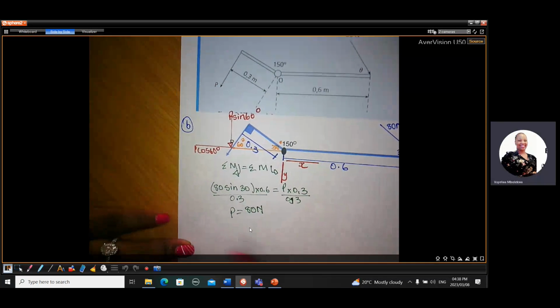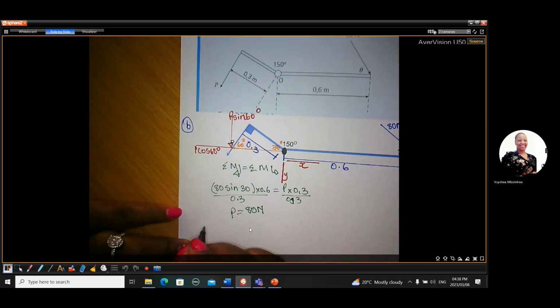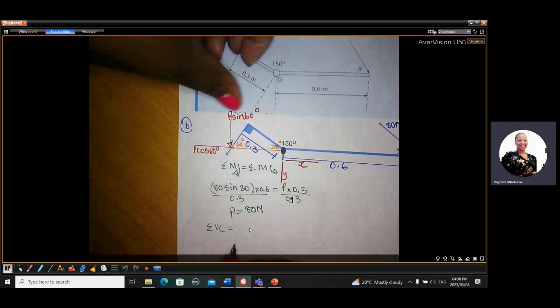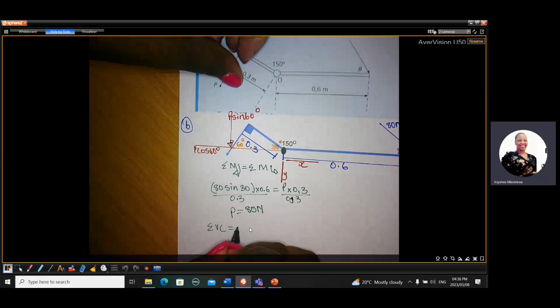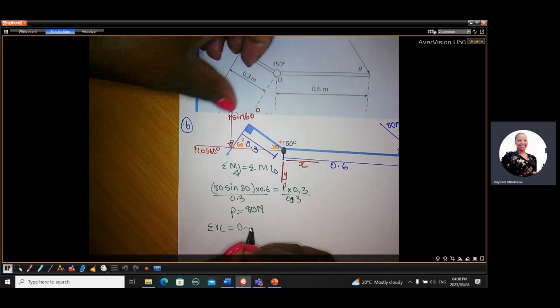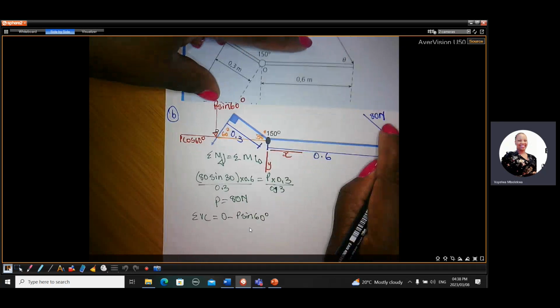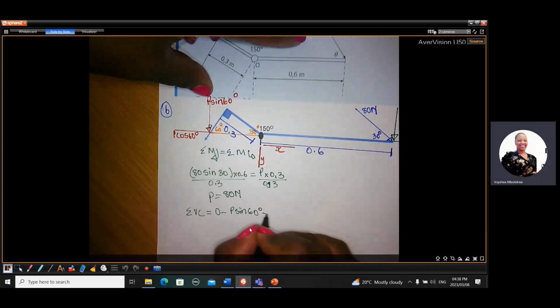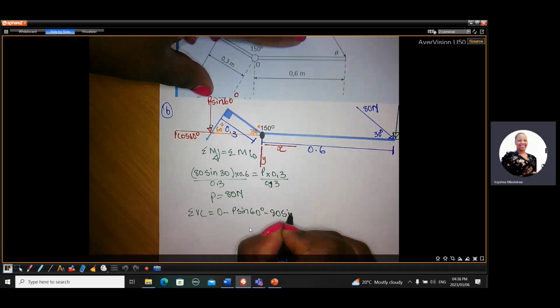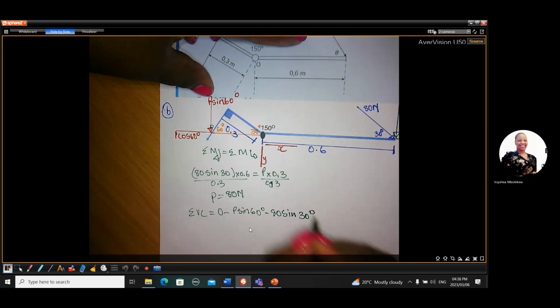Sum of the vertical components: upward forces are positive and downward forces are negative. Upward, we have nothing. Downward, we have P sine 60 and that one, 80 sine 30.